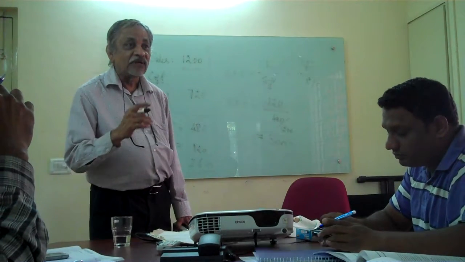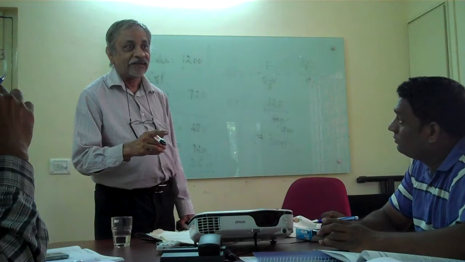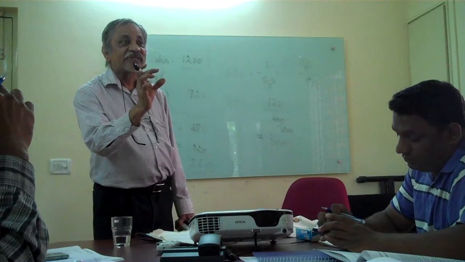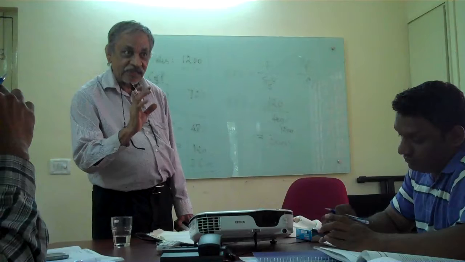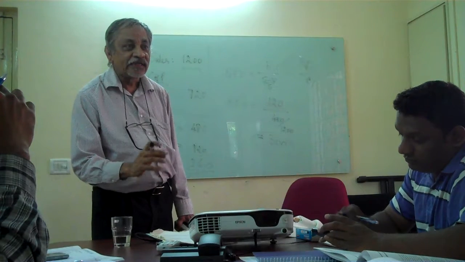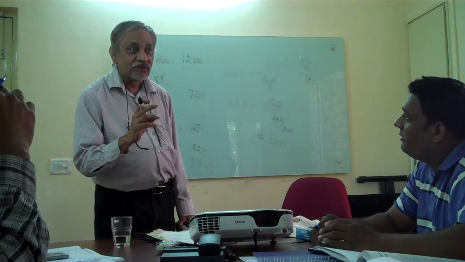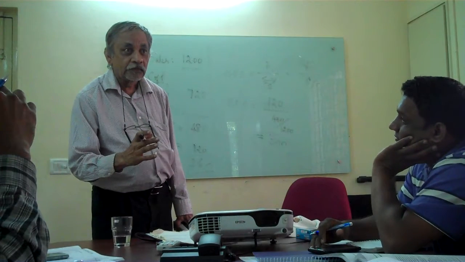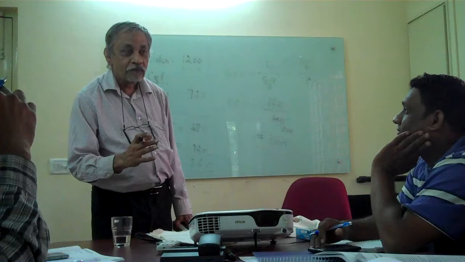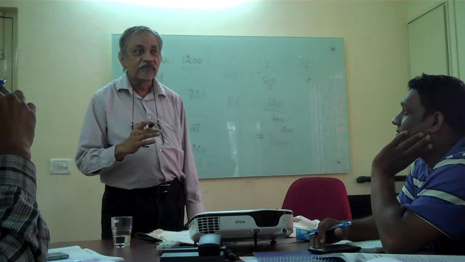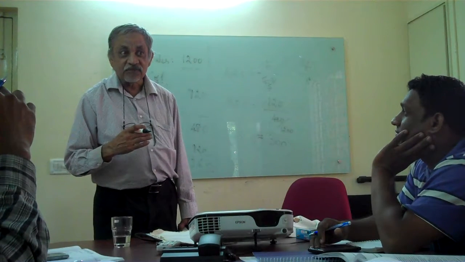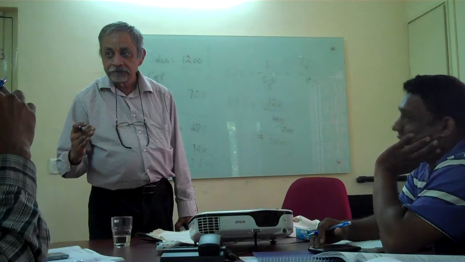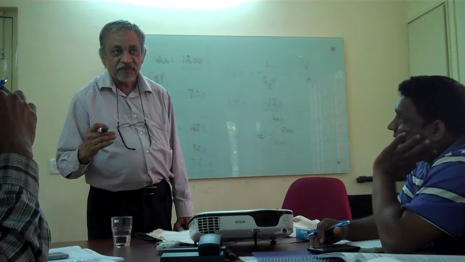It is 1200 minus 300, that is 900, as a percentage of actual sales, which is 1200. That is 900 divided by 1200, which is 75%. Now 75% of my sales is beyond my break-even. What is my safety margin?